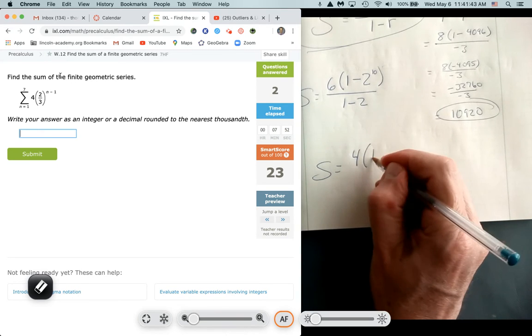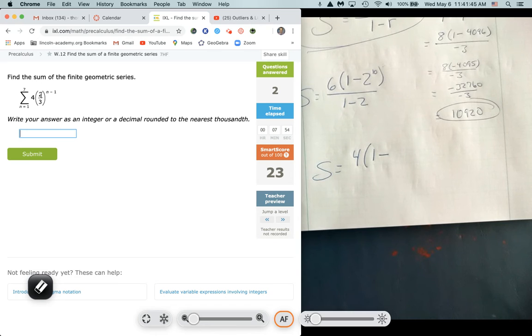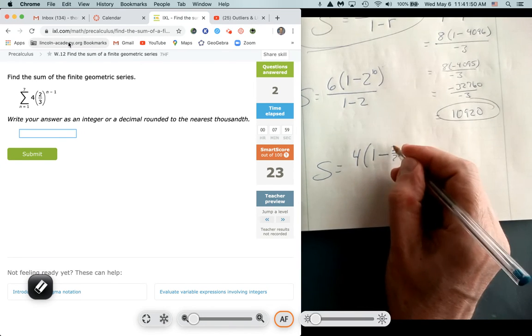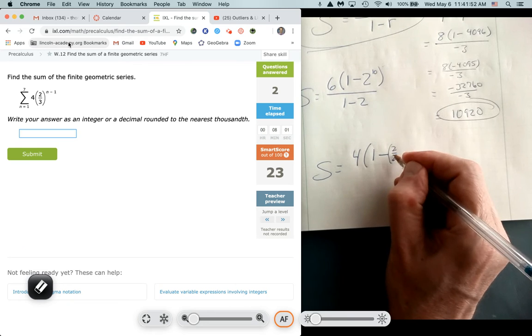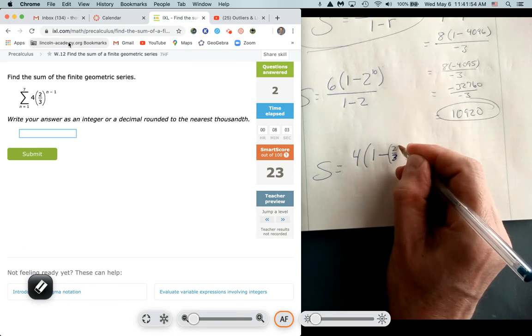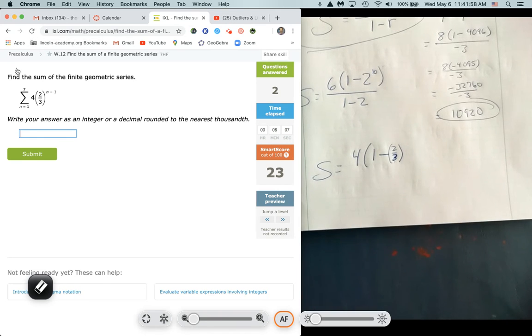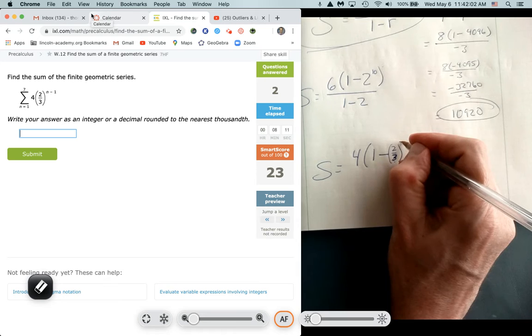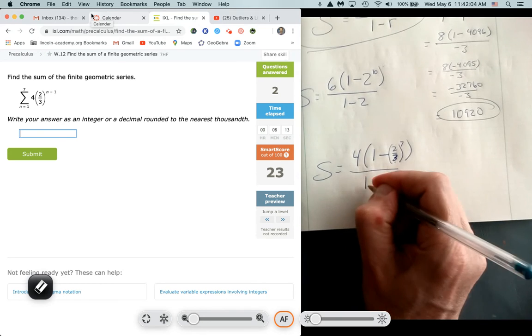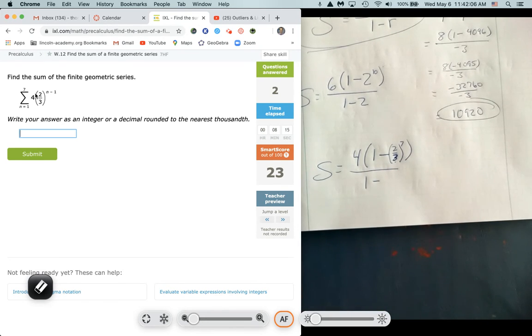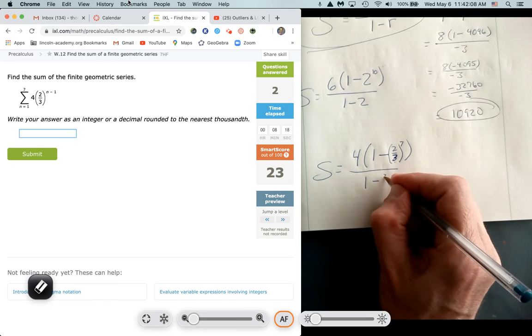Then I'm going to do 1 minus my common ratio, which is what has the exponent, so the 2/3. But now be careful here, that 2/3 is raised, not the 1 minus 2/3. The 2/3 is raised to how many exponents there are. If I go from 1 to 7, that's 7. All over 1 minus, again, that common ratio of 2/3.